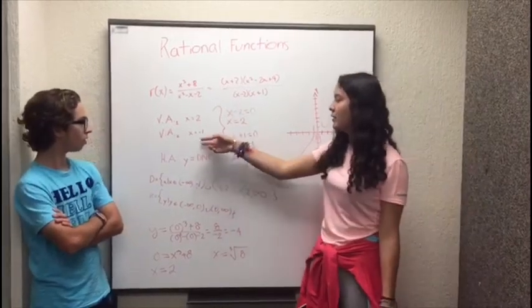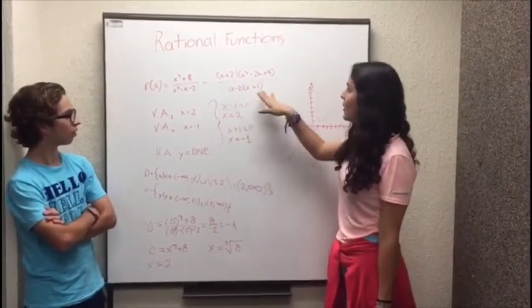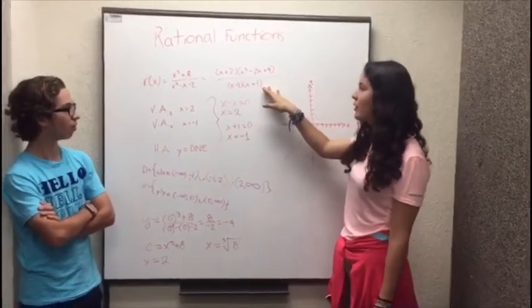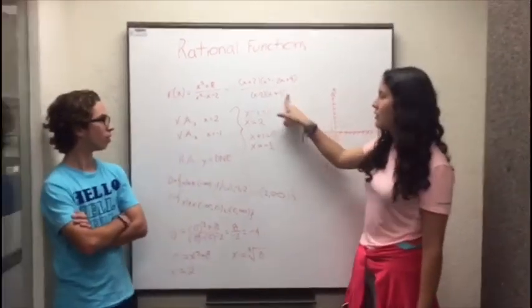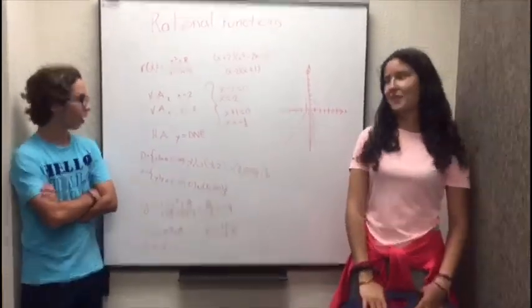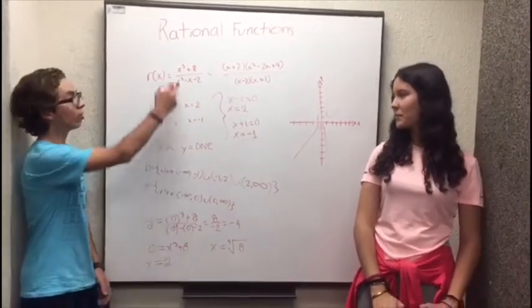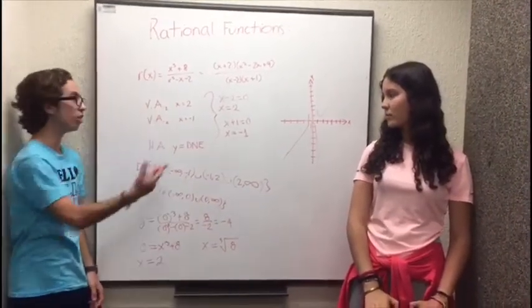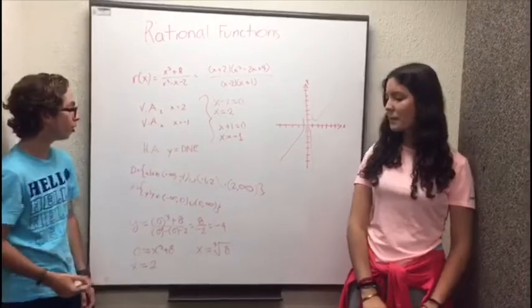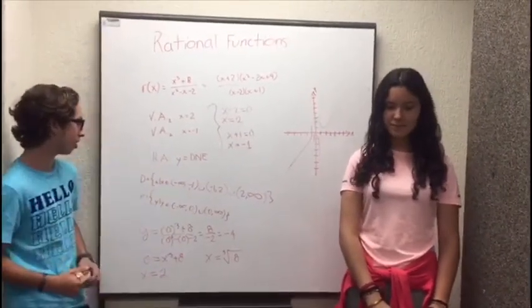And for finding the vertical asymptote, you have to set the function's denominator factors equal to 0 for x, and then you get vertical asymptotes 1 and 2. So now for finding the horizontal asymptote, since the degree of the numerator is larger than the one from the denominator, there is no horizontal asymptote as such.